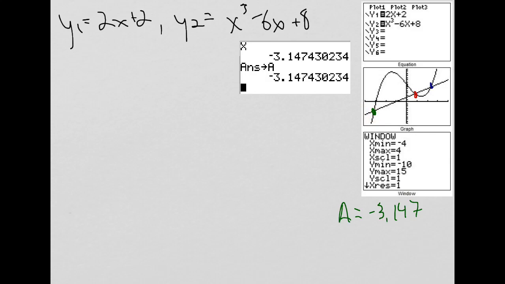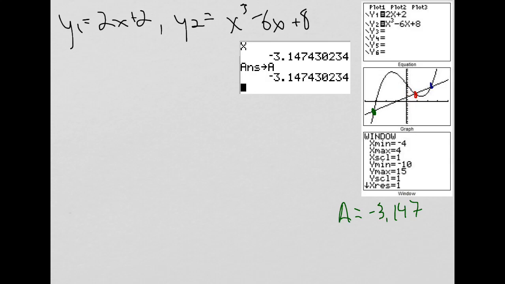Then you go back into your main screen. This is the main screen. I just hit the X button and it pulls up the x coordinate from that intersection, which is really cool because that saves me a lot of time. I don't have to write it out and then retype it. Then I'm going to store that as A. I'm going to do that with each of these.